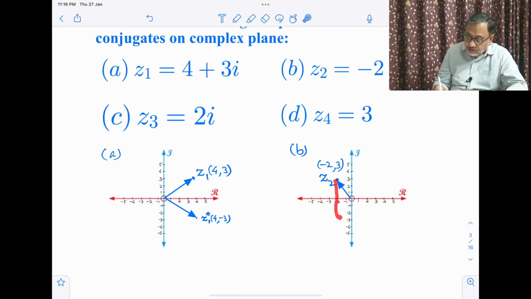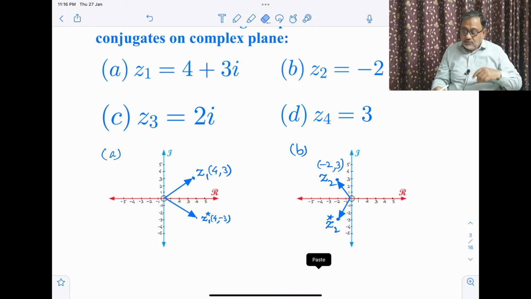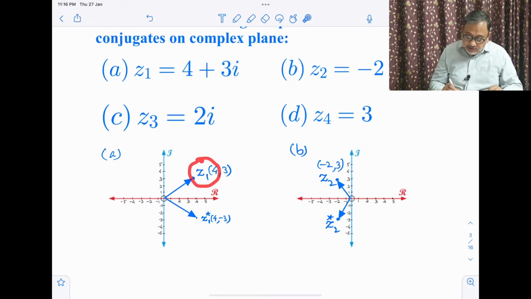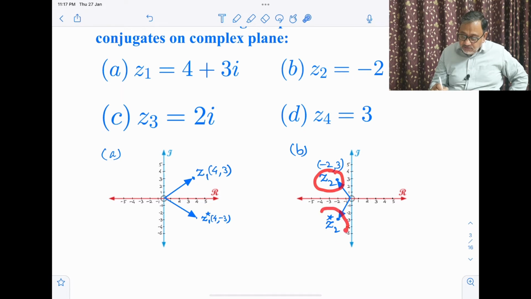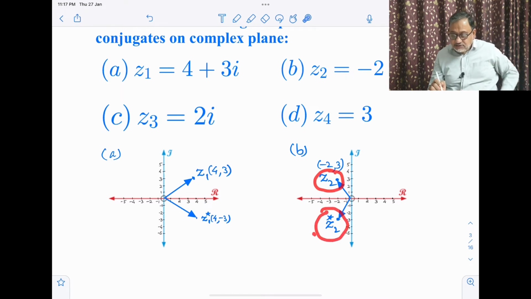I'll mark that point minus 2 comma minus 3 somewhere here, that is Z2 conjugate, and the arrow will show it. I hope you understood this also. So Z1 has Z1 conjugate, which is the reflection in the real axis. Z2 has Z2 conjugate, which is the reflection in the real axis too.